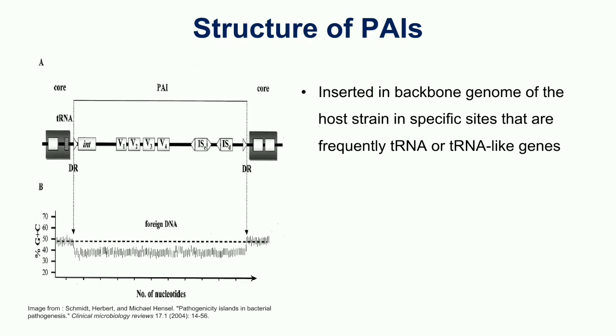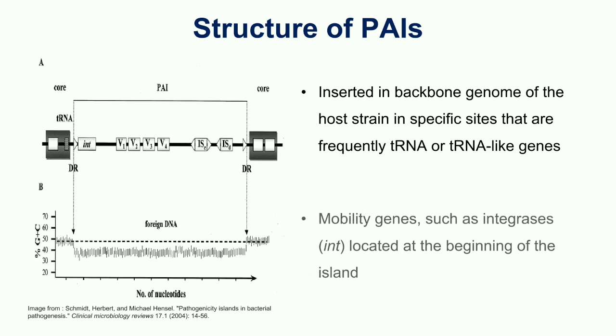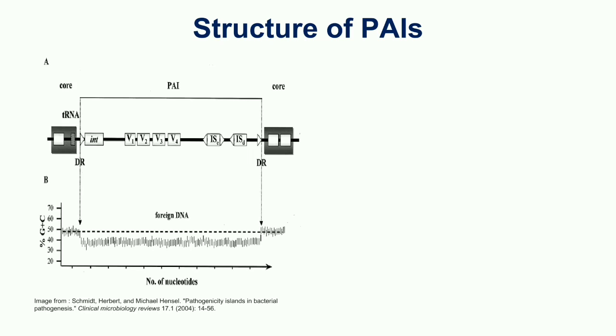As you can see, the pathogenicity islands are inserted in the backbone of the tRNA genome or the host strain in a very specific site, that is the tRNA or tRNA-like genes. Mobility genes such as the integrases are located at the beginning of the island.